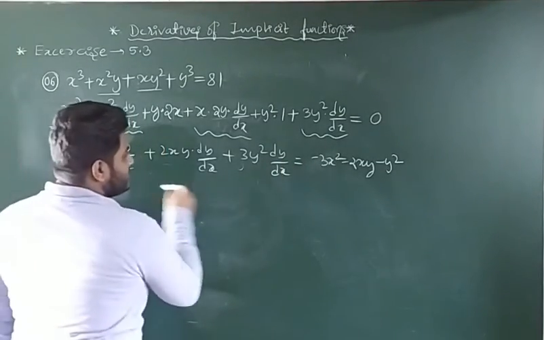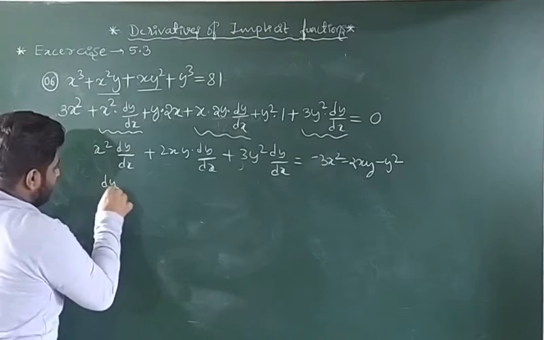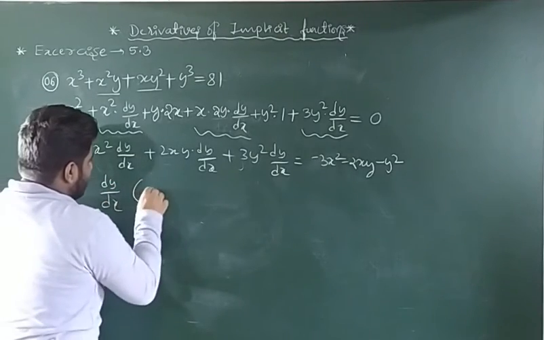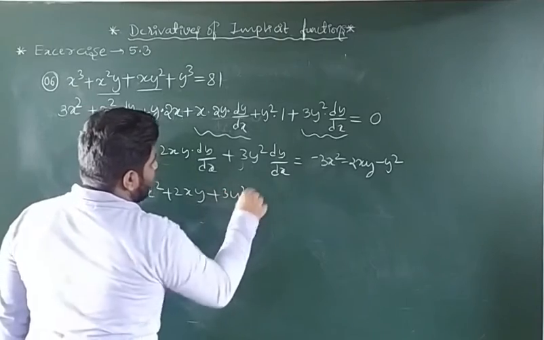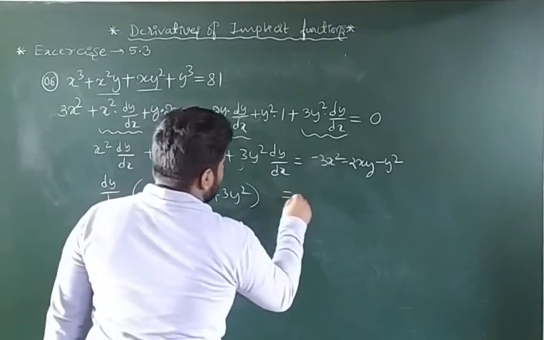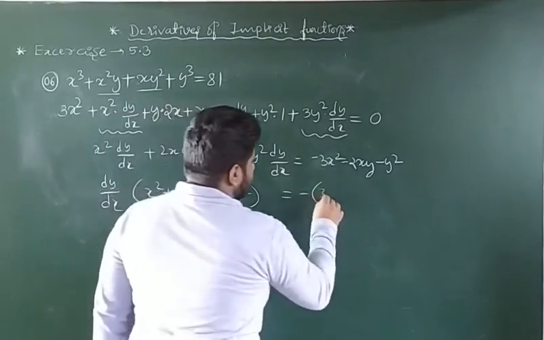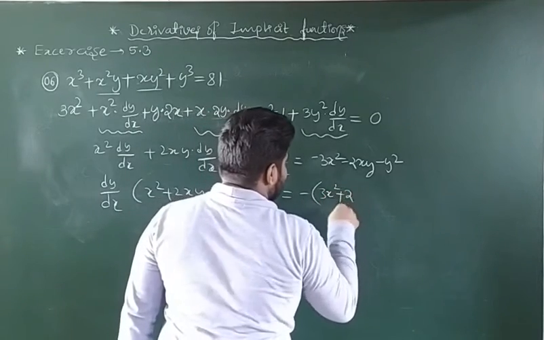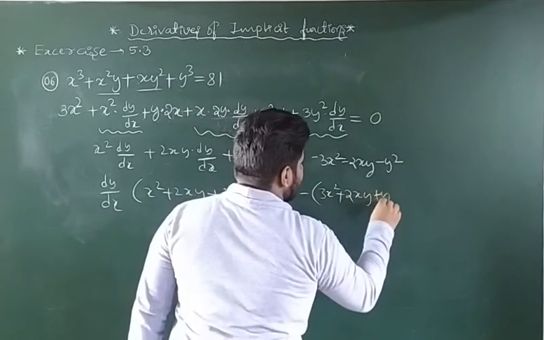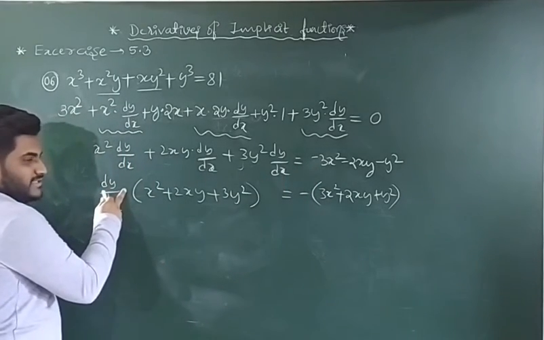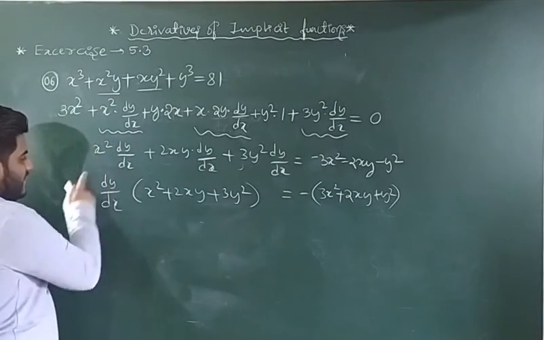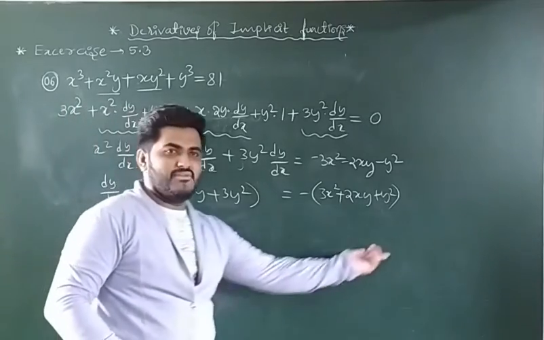So in all the terms, dy by dx is common. Take dy by dx common. What we are having? X square plus 2xy plus 3y square. This equal to minus sign common, 3x square minus becomes plus 2xy plus y square. So I have taken a minus sign common from all. So here multiplication side is there. What we want? We want dy by dx. Take this entire term this side.